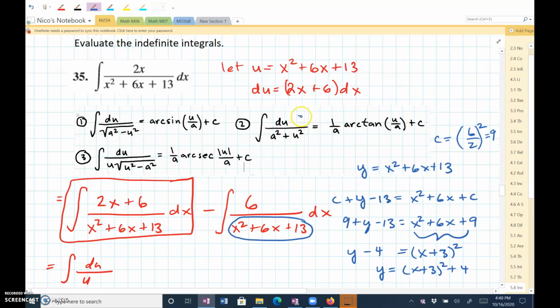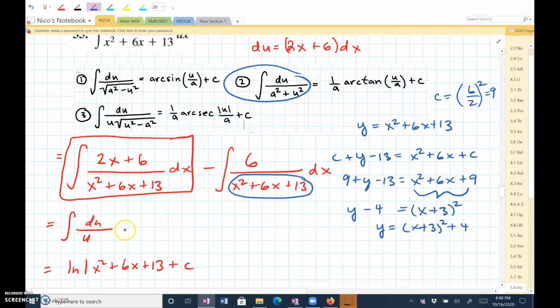Now it becomes this guy. So now this is going to be minus 6 all over dx all over, I'll make this 4, which is 2 squared plus x plus 3 squared.